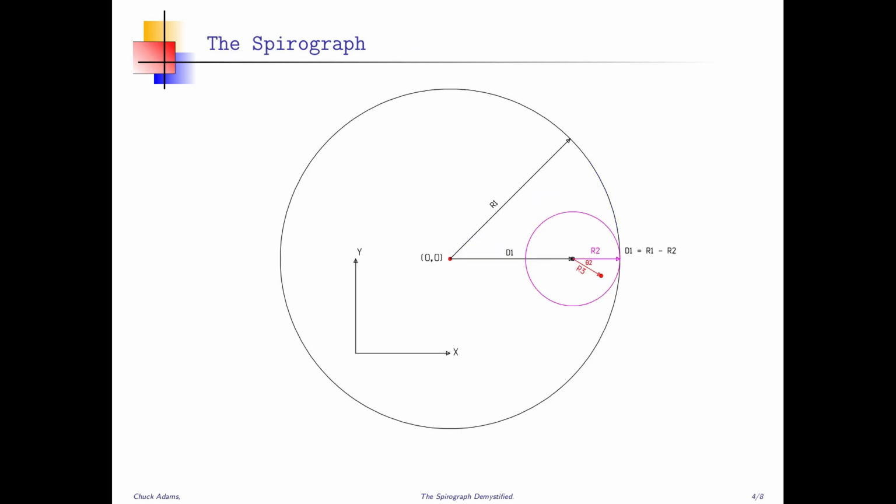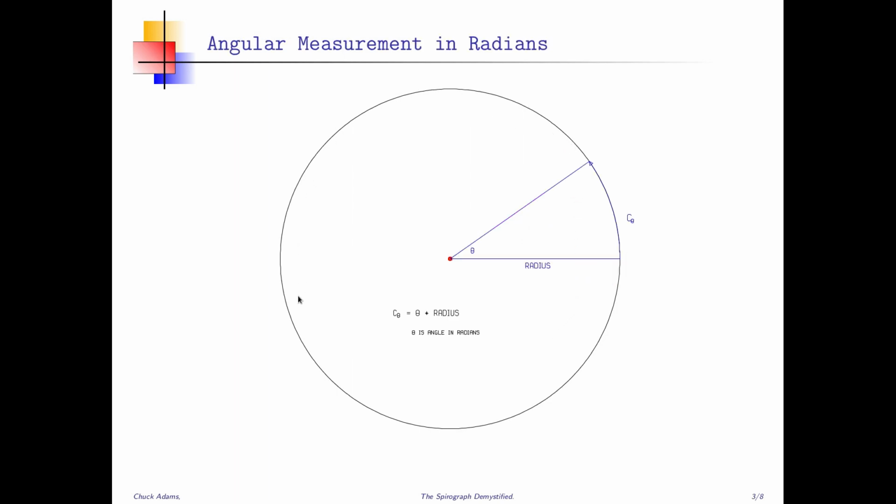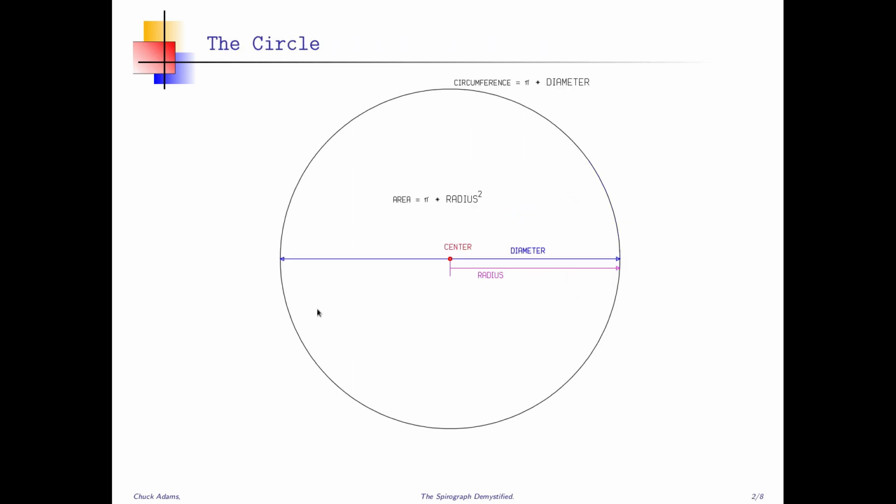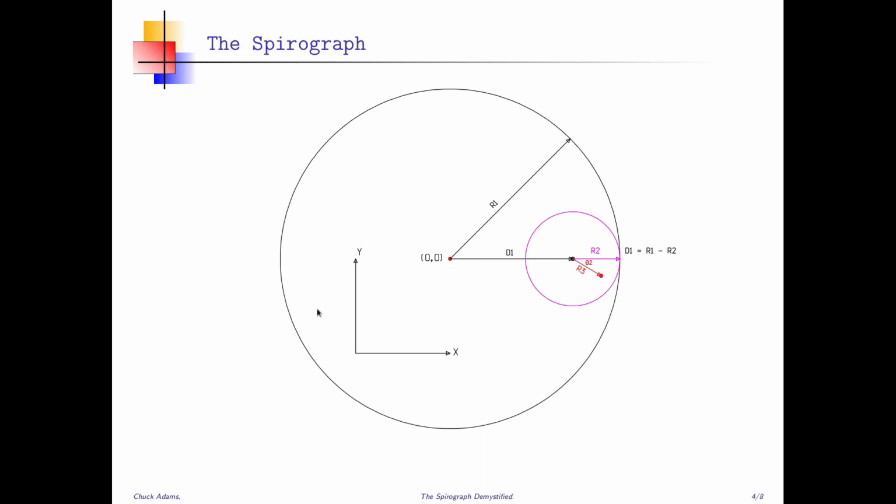All right, let's go back to the spirograph. You have a large frame that has an open area, fairly large, and it has teeth along the edge.